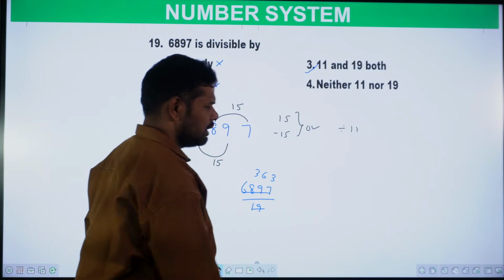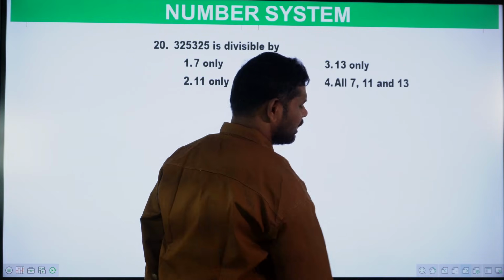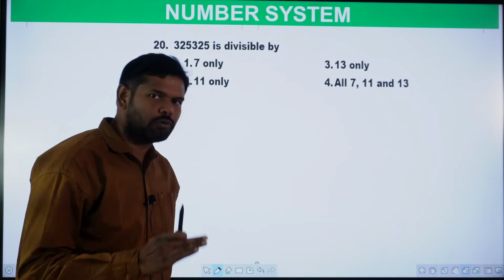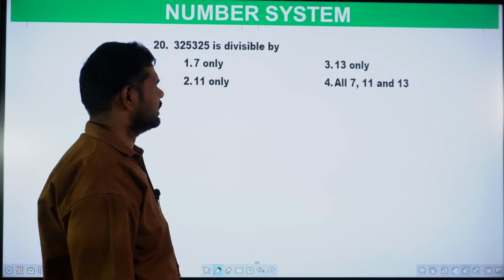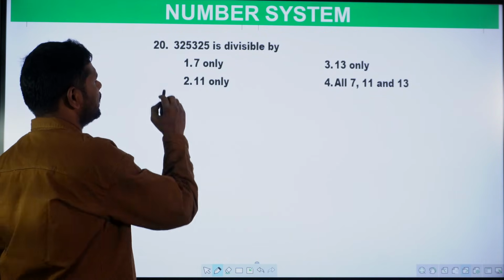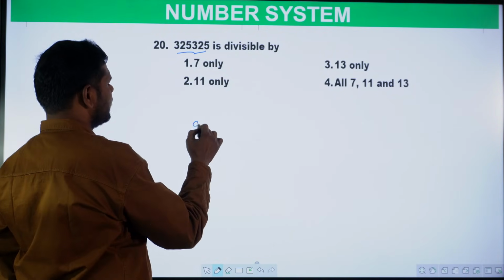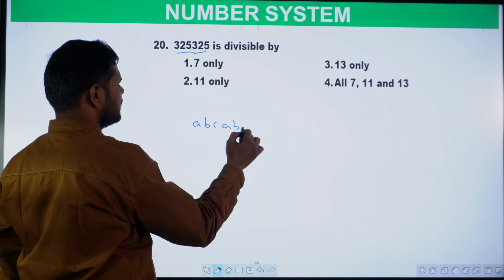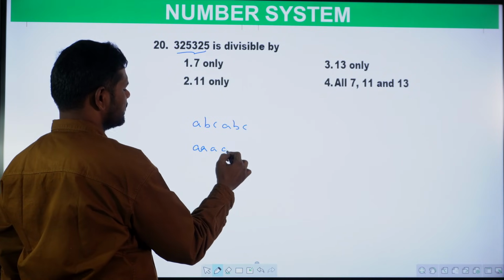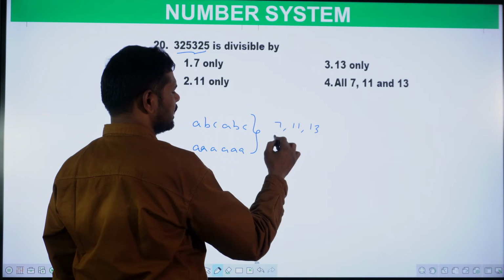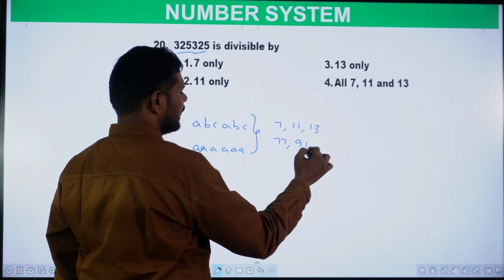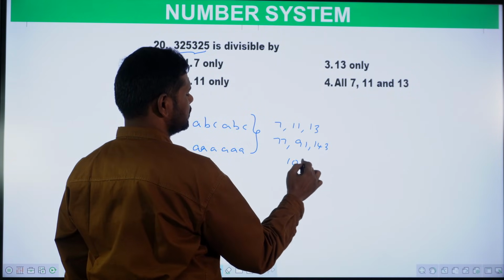Any number other than 1 has at least 2 factors, 1 and itself, and so many others. If a number is in the form of ABCABC, or any digit is repeated 6 times, these types of numbers are always divisible by 7, 11, 13, 77, 91, 143 and 1001.